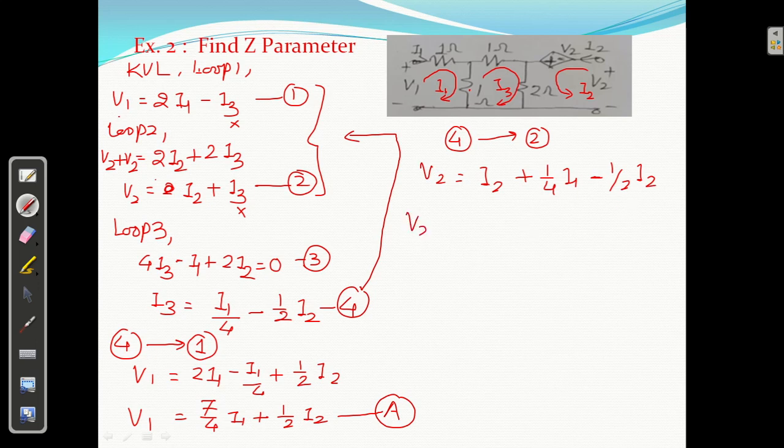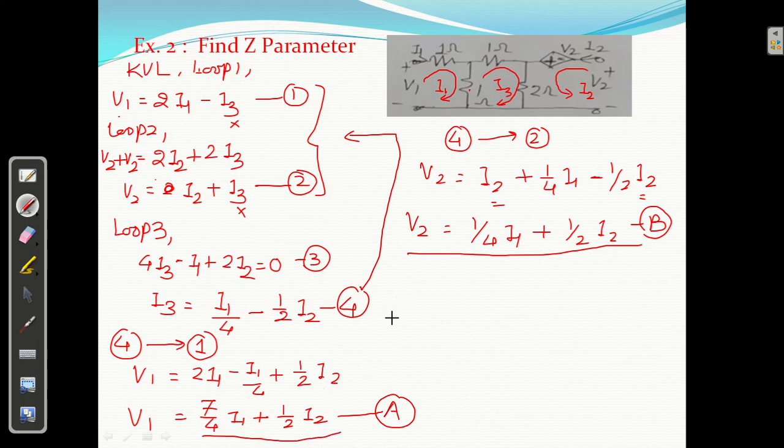So you will get V2 equal to what? 1/4 I1. ये plus I2 है minus 1/2. So you will get plus 1/2 I2 if you solve it. So equation number B. So I got equation number A and B, right?